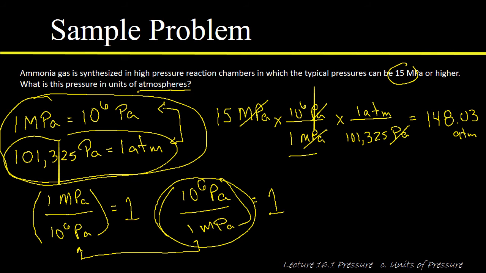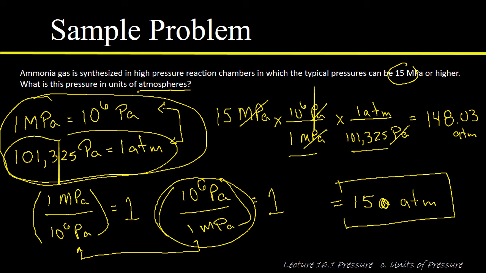Both of these are definitions, so they have, in principle, an infinite number of significant figures. So we should round our final answer to 2 sig figs. So our final answer would be 150 atmospheres.